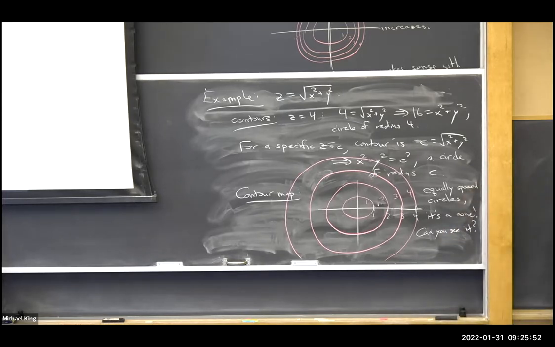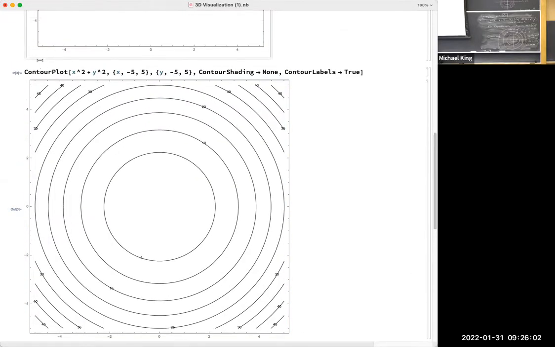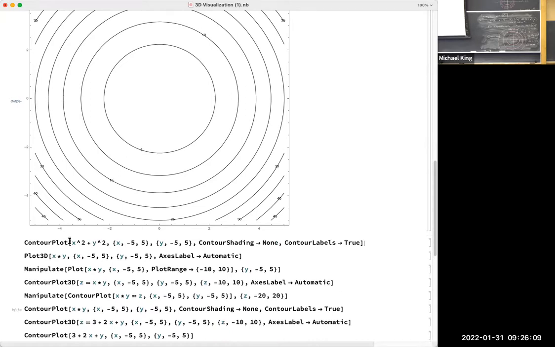Right, so trying to visualize that. If I go back to the Mathematica, let me just put a square root in here.